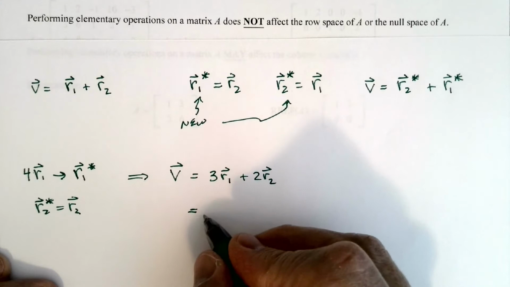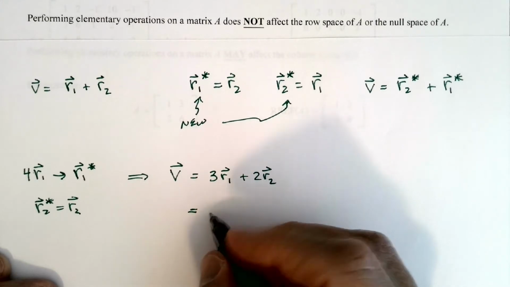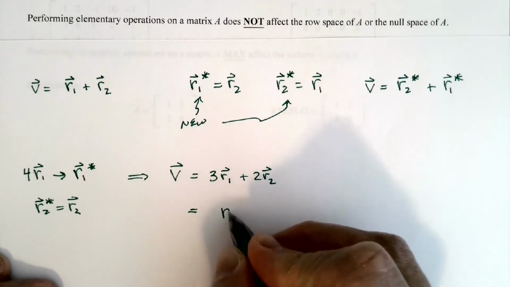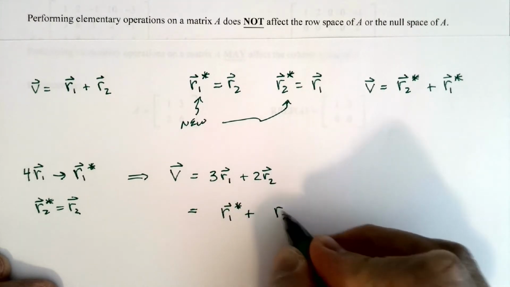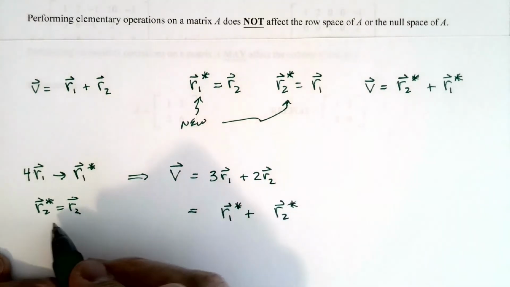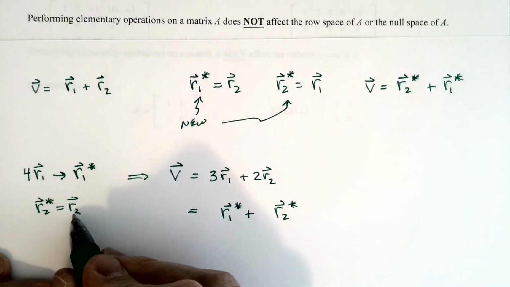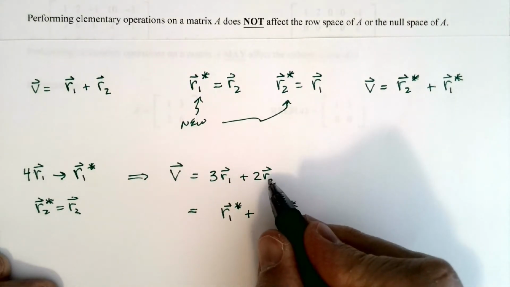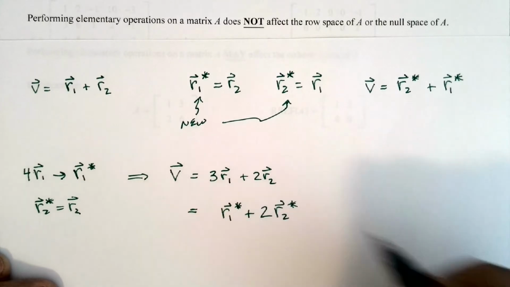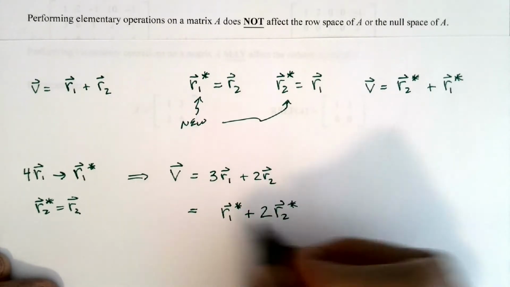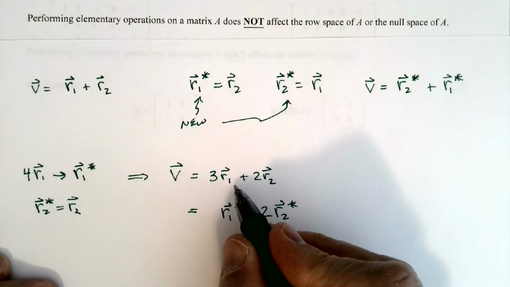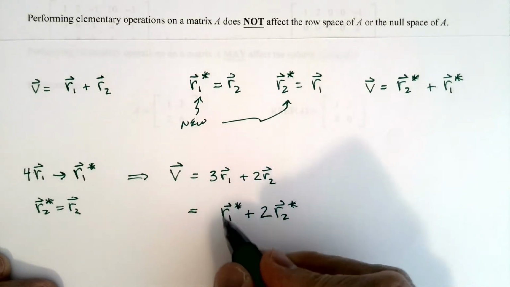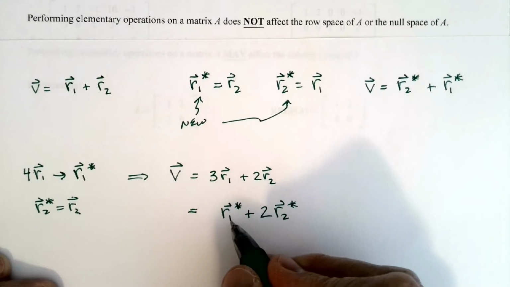Well, how many row 1 stars do I need? How many row 2 stars do I need? Row 2 star is easy because it hasn't changed. We needed 2 row 2s before, and we still need 2 row 2s. These are equal. But here I need 3 row 1s. How many row 1 stars will that be?